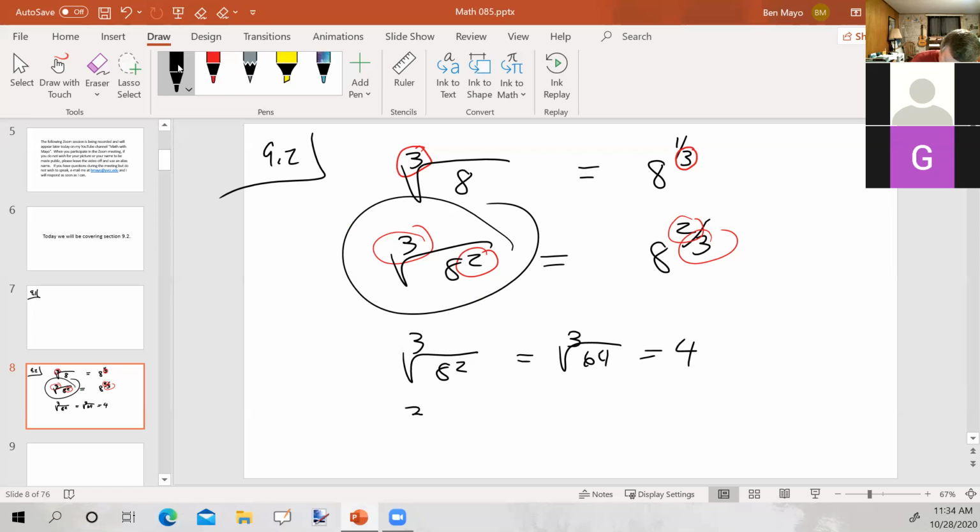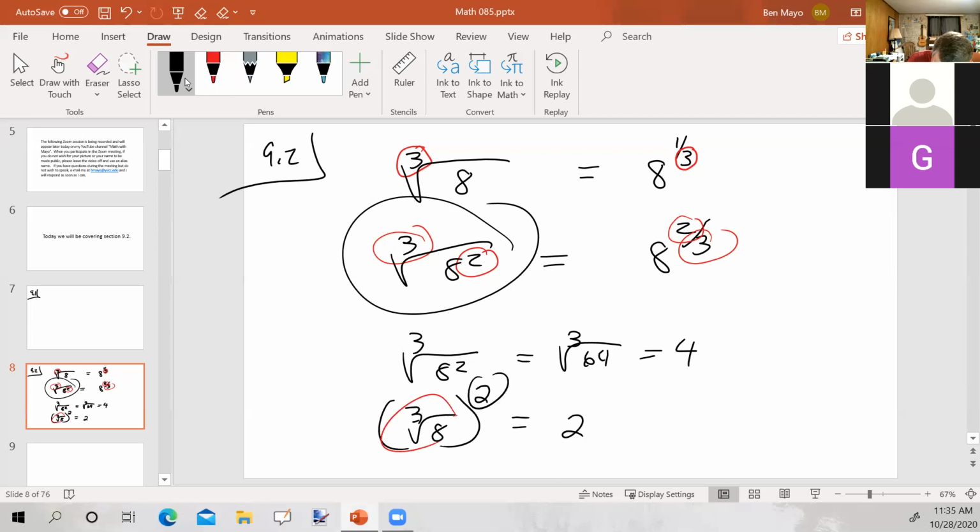Now let's take the cube root of 8, squared. What's the cube root of 8? 2. Right?